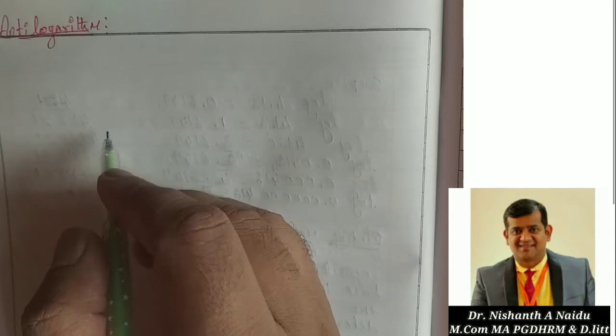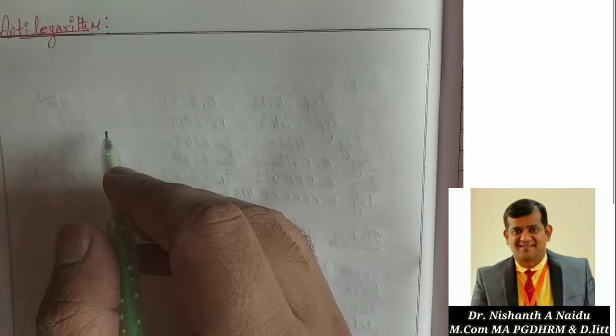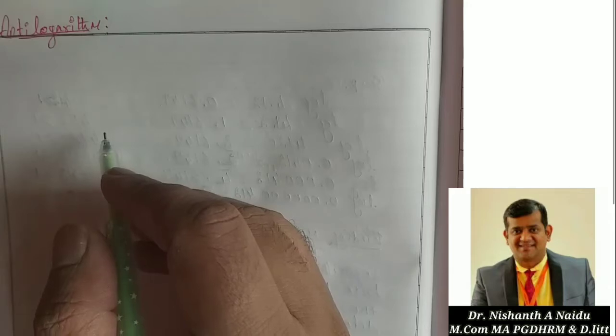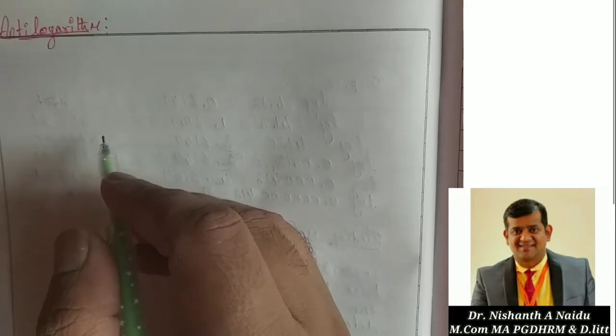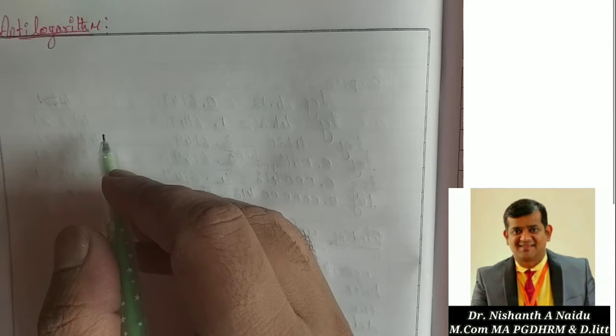See, anti-logarithm is the reverse process of logarithm. In a simple sense you can understand it: the way we find the log, anti-log is exactly the opposite. So if you do the reverse process for the logarithm, you get the anti-log.